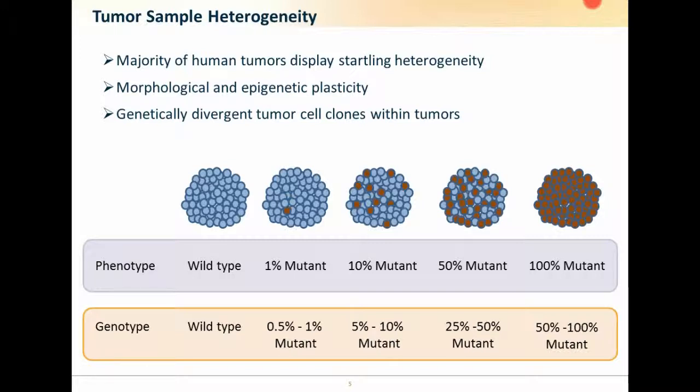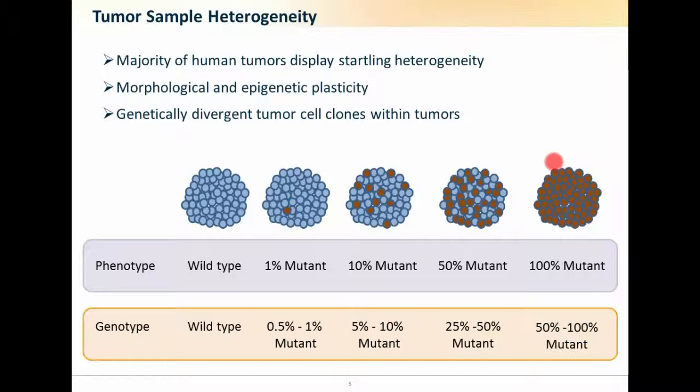So, tumor sample heterogeneity. We all know that human tumors do display a startling amount of heterogeneity, and this can be driven either morphologically or by epigenetics, but a large proportion of this will be driven through the genetics and divergence at the genetic level. And here's a schematic where you have a wild type sample all the way through to a tumor sample which has got 100% tumor cells.